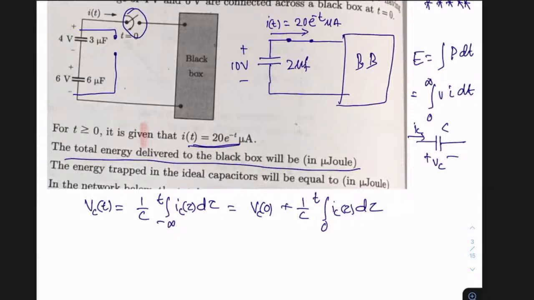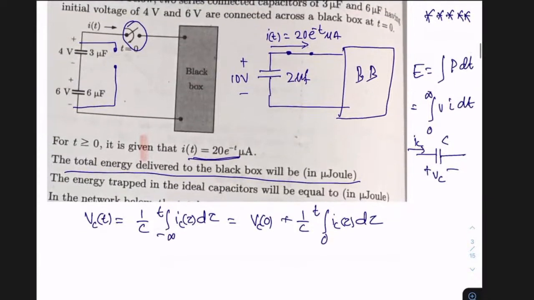But note carefully, this is the situation if the current is entering from plus to minus. In this particular question, in my circuit, the current is entering from minus to plus. So do you think we have the same thing here?